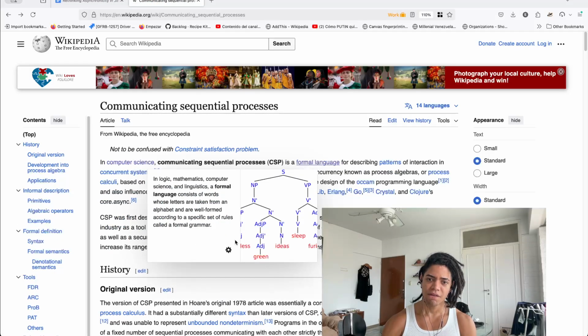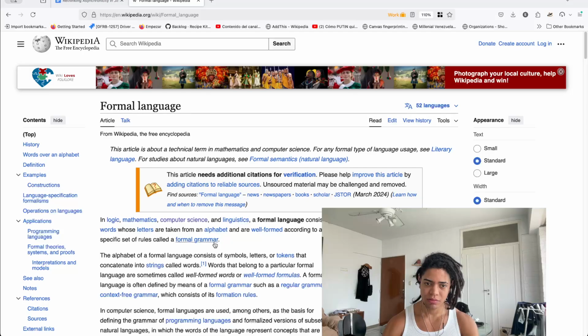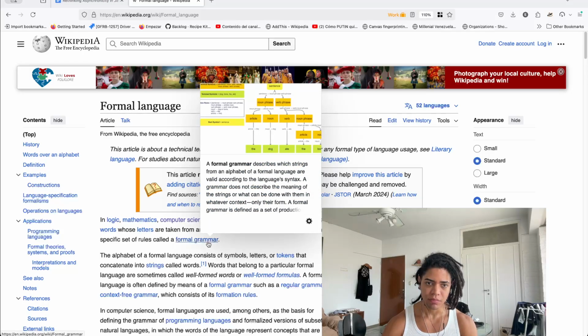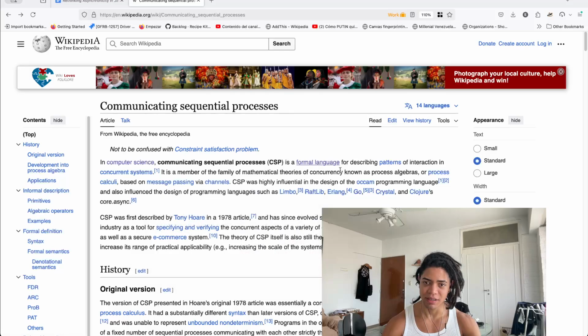So this formal language is a set of tokens or letters that are arranged in a way that has meaning, to describe patterns of interactions.